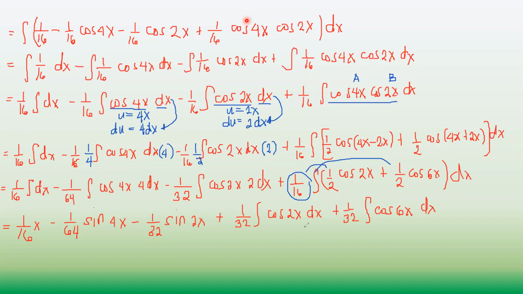So, again, pag chinek mo, ito ay cosine u. Integrable iyan kasi cosine u na. Kagaya ito nung kanina, ang u nito ay 2x. So, ang du mo dito ay equal ngayon sa 2dx. Ito naman sa dulo, cosine u. Ang u mo ngayon diyan ay 6x.